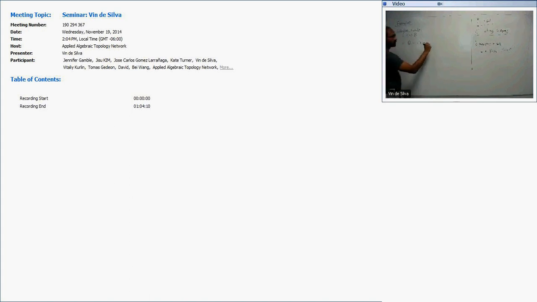And F of T is going to be F inverse of the sublevel set. So what I've done here is I've stopped one step short of taking homology, and I'm just going to call this thing an increasing nested family of topological spaces on the top space X. And in our language, it's also a generalized persistence module.